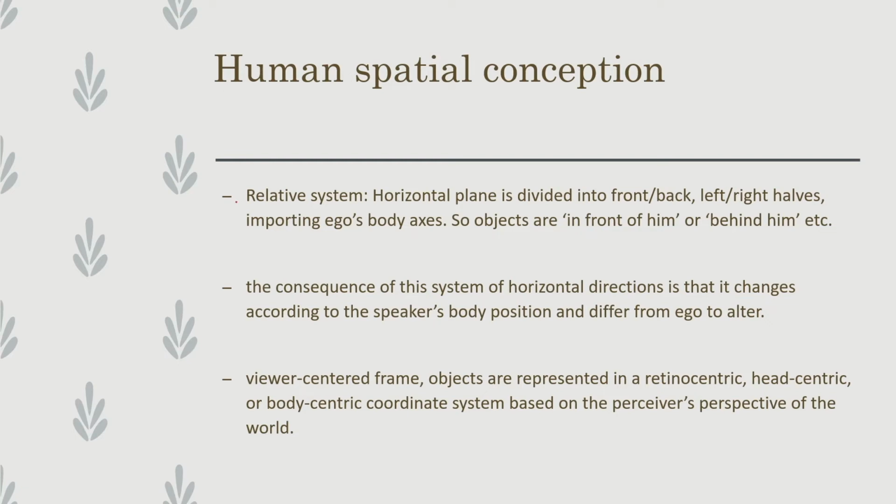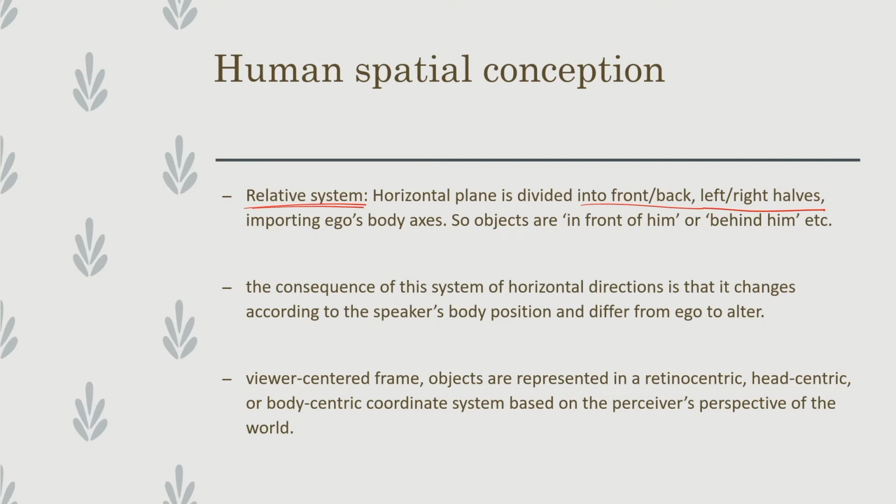So, one of the most commonly utilized frames is what we call the relative frame. So, let us start our journey with the relative frame. What happens in the relative frame is that the horizontal plane is divided into front, back, left, right halves, importing the ego's body axis. So, the ego, the person who is speaking, right now I am speaking, so I am the ego in this case.